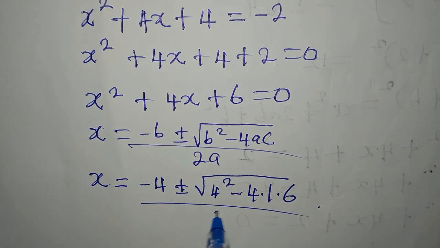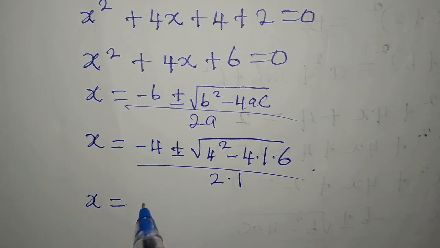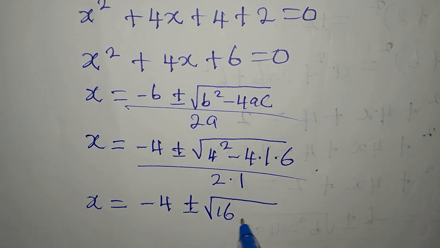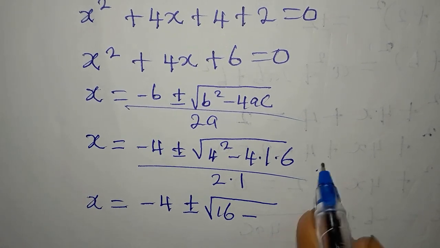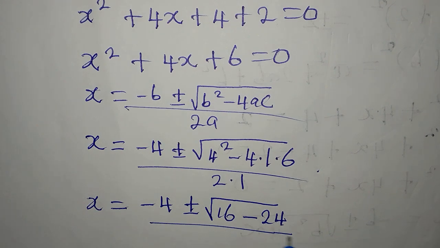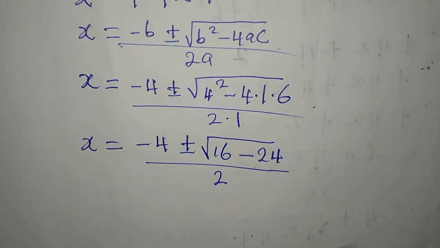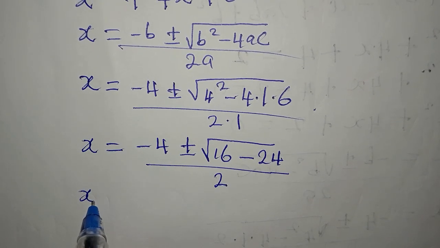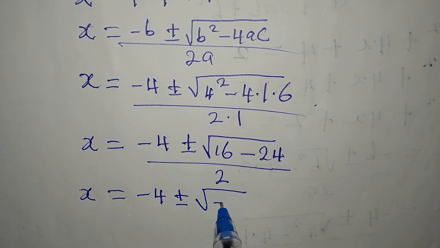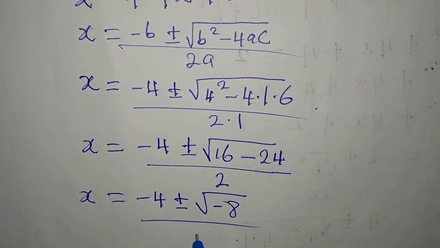And we divide this by 2 times 1. Our x is now equal to minus 4 plus or minus the square root of 16 minus 4 times 1 times 6, which is 24. So we divide this by 2. Now, to continue, our x will be equal to minus 4 plus or minus the square root of negative 8, because 16 minus 24 is minus 8, then we divide by 2.